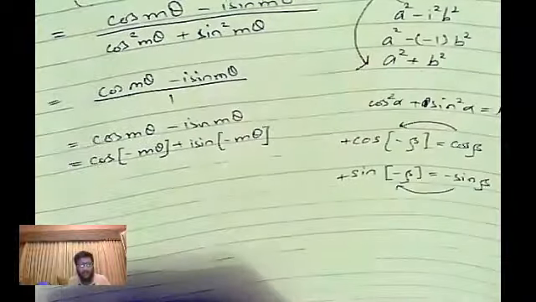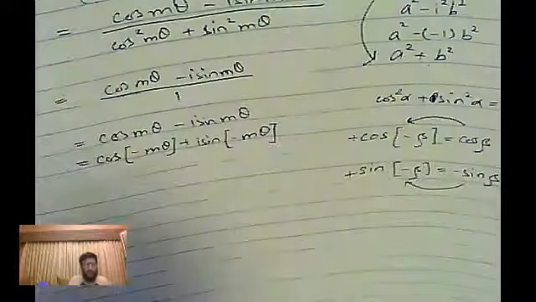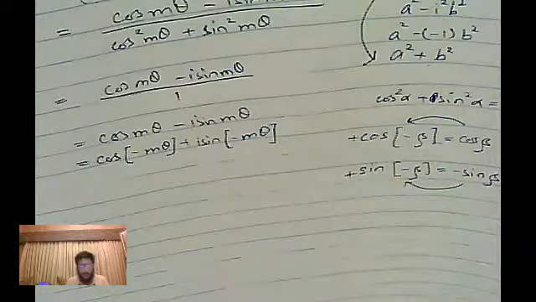Oh, by the way, I forgot. So plus iota sine minus m theta, right? And what did we suppose at the beginning of all this negative number thing? We said n equals minus m. So we're just going to replace minus m with n.